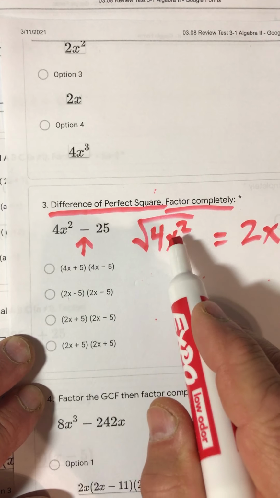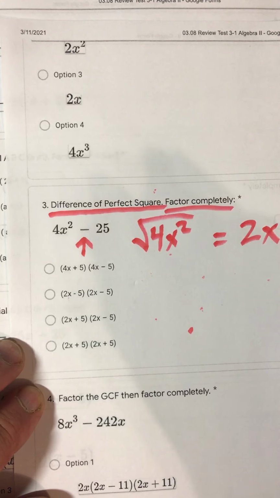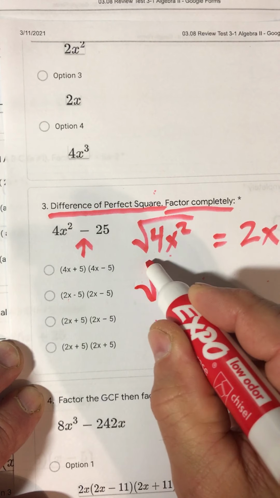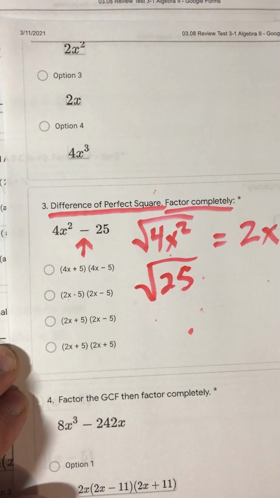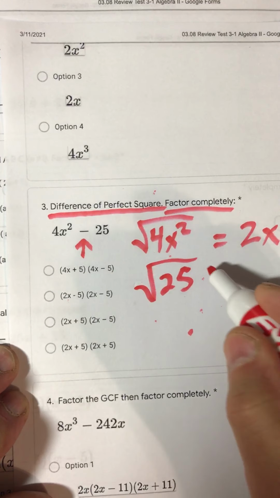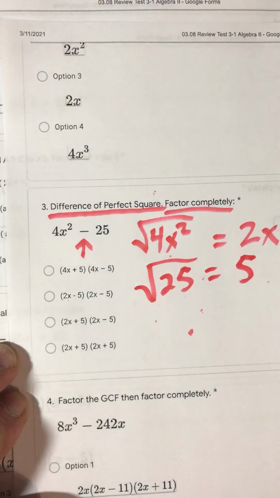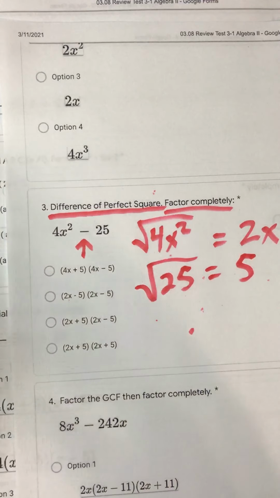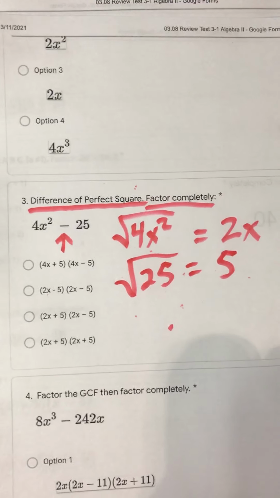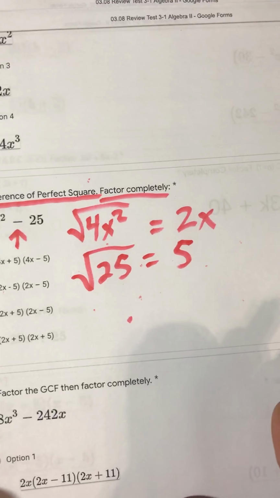The square root of x squared gets x. Then you see if you can take the square root of 25 and get a whole number, and you can. So the answer after taking the square root of 25 is 5. So we have difference of squares because it gives us whole numbers.